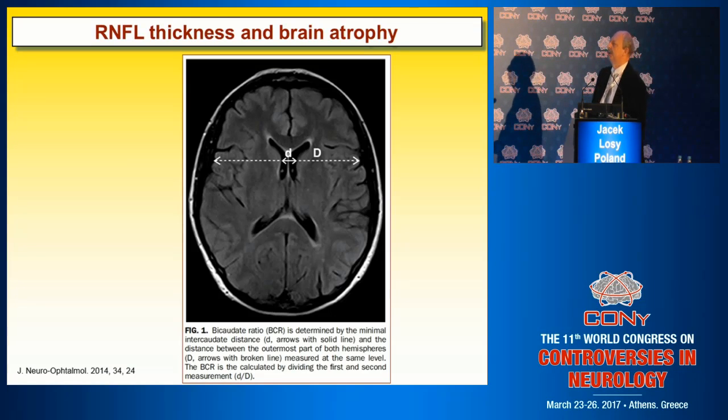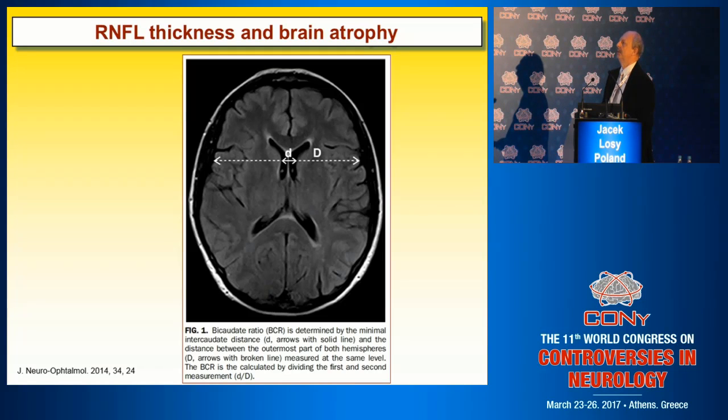Some studies tell us that it could be such a marker, and here you see what maybe has not been presented before, that there is a correlation with the so-called bicaudate ratio. The bicaudate ratio is determined by dividing the distance between the two caudates by the distance between the two outermost parts of the left and right hemisphere.